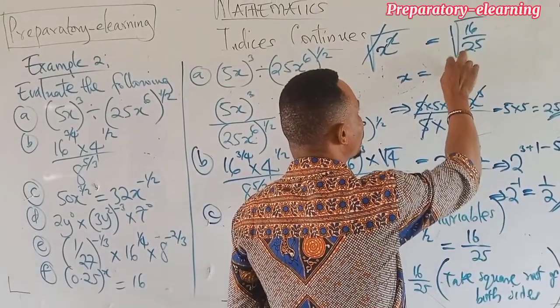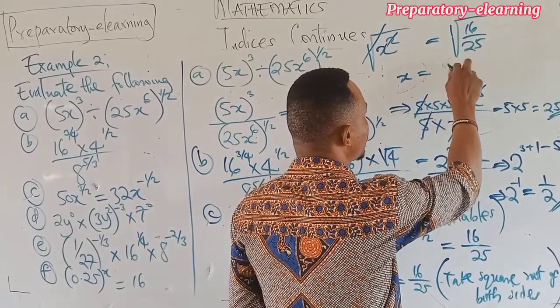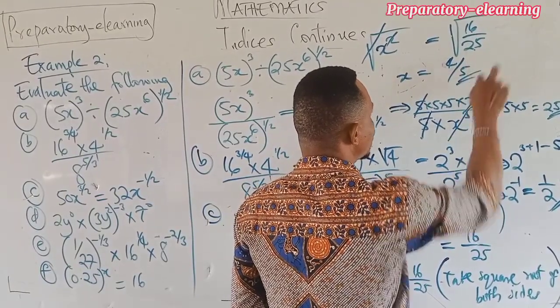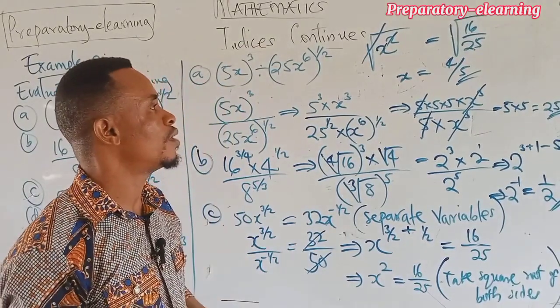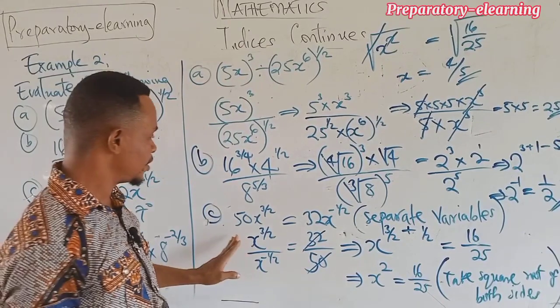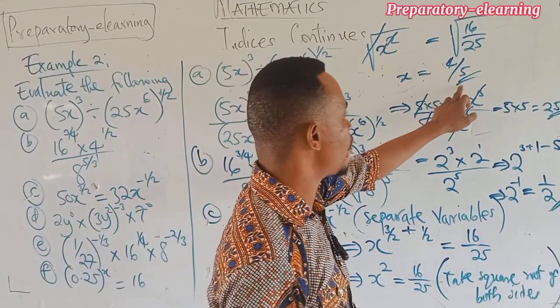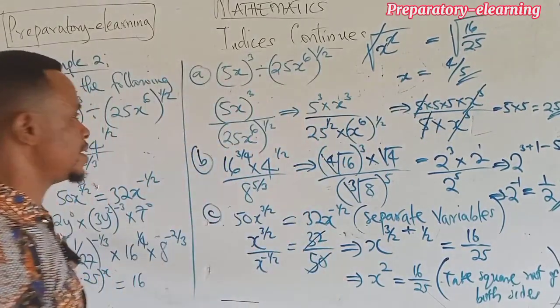We have 4. You know, 4 times 4 is 16. We have 4 there, all over square root of 25, which is 5. Therefore, x is equal to what? 4 all over 5. That's the solution for example C. Then we will move to solution D.